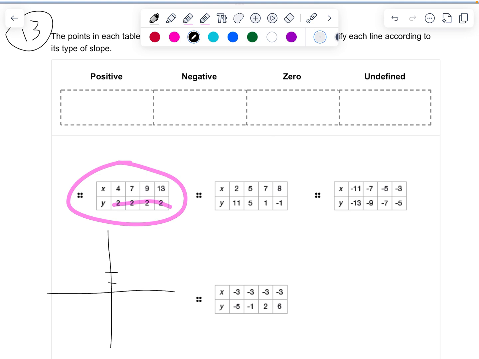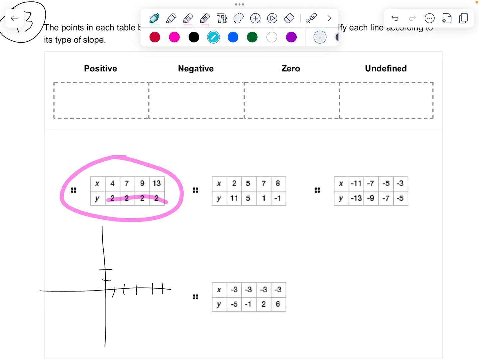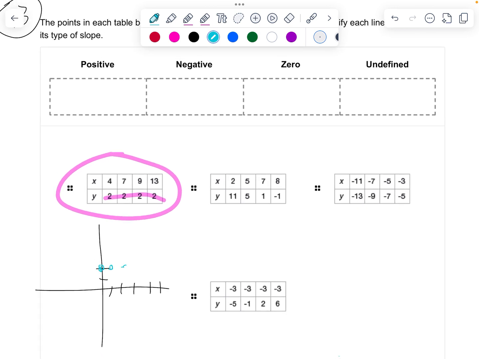No matter what x is, y is 2. So it's going to look like this. It's going to be right here. Y is 2, y is 2, y is 2, y is 2. It's going to be, guys, a horizontal line. And what is that? A horizontal line is a 0 slope, okay? So this one right here is going to go right there, okay? All right.